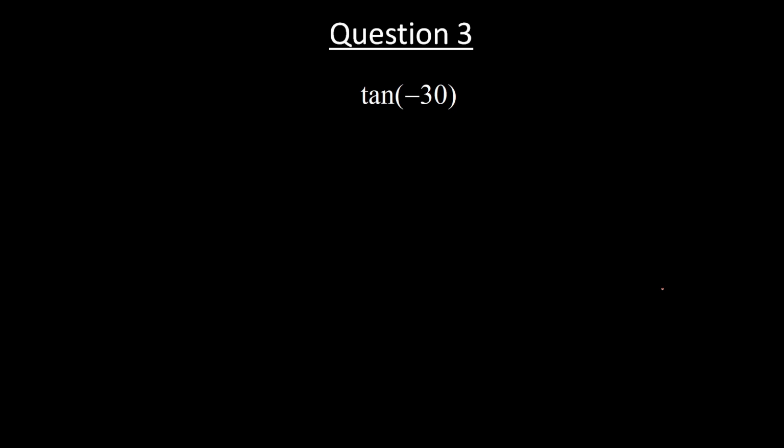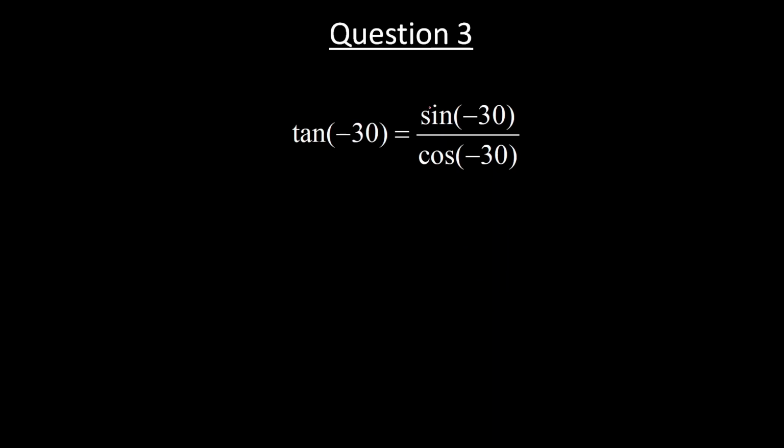So how about for question 3, what is tangent of minus 30? So now that we have sine and cosine, remember we can always write tangent in terms of sine and cosine. Now sine, we know, is an odd function. So this minus sign we can pull out in front of the sine.